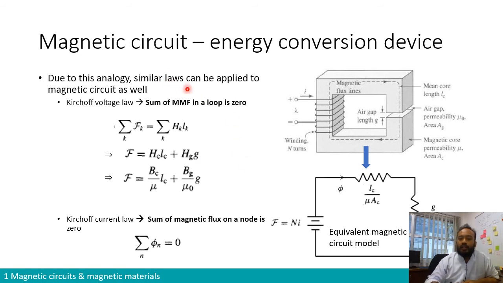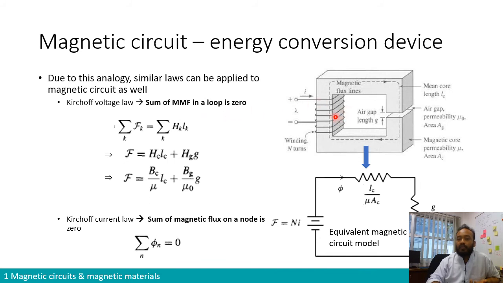Due to this analogy, similar laws that apply in electrical circuits can also be applied in magnetic circuits. For example, you remember in electrical courses, you have Kirchhoff's voltage law and Kirchhoff's current law. In the application to magnetic circuits, we say that the sum of MMF in a loop is 0.